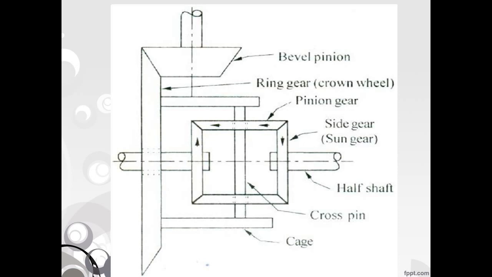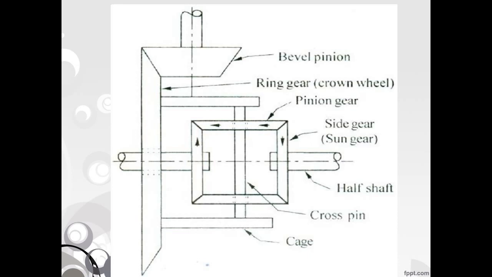The construction and operation of the differential. Construction: it consists of a drive pinion or bevel gear attached to a shaft which is coupled to the propeller shaft. A crown wheel or ring gear, which is bolted to the differential cage, is in mesh with the bevel pinion. The cage carries a cross pin or spider.